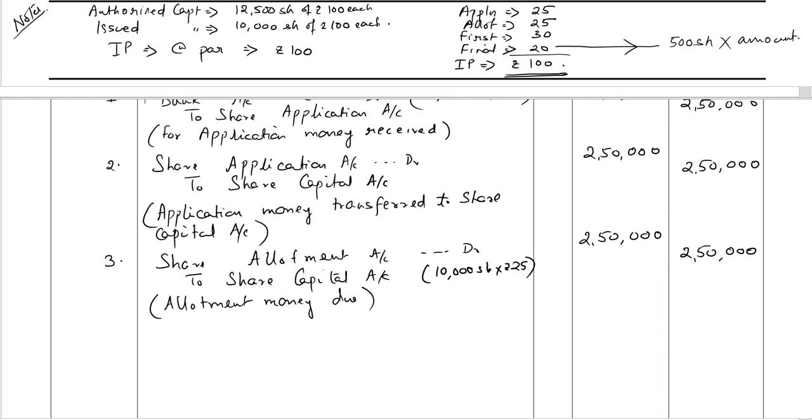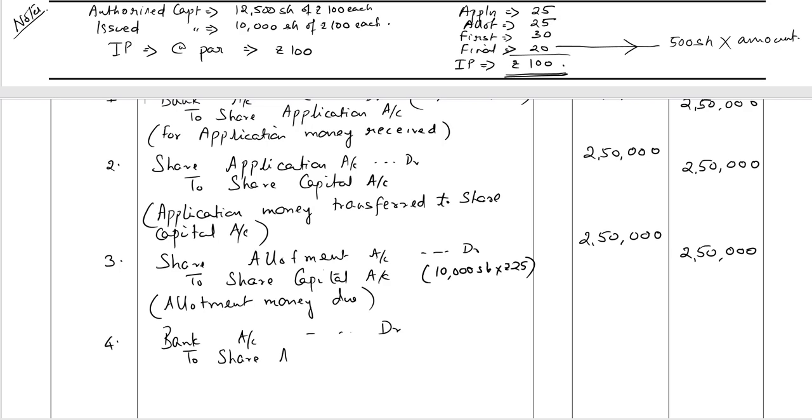The next journal entry is for the receipt of the allotment money. Bank account debit to share allotment account for allotment money received. The full amount due has been received, so the amount received on allotment is 2,50,000 rupees.